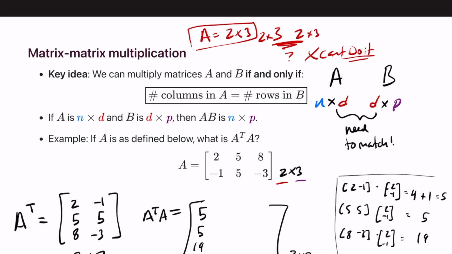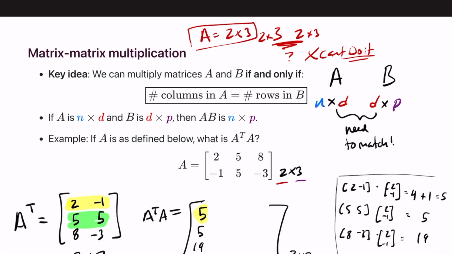And just to make it clear, we had this and this gave us this, and we had this.